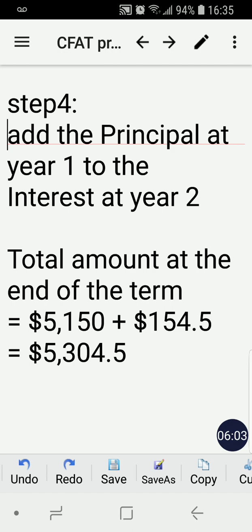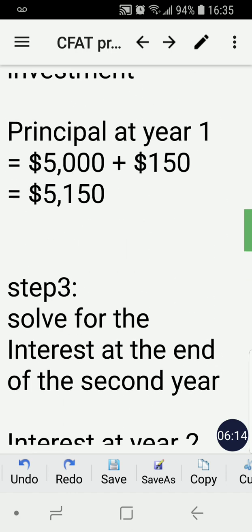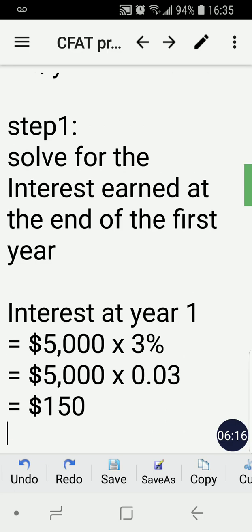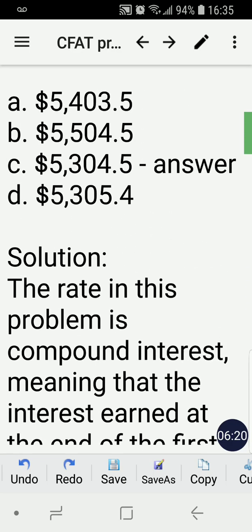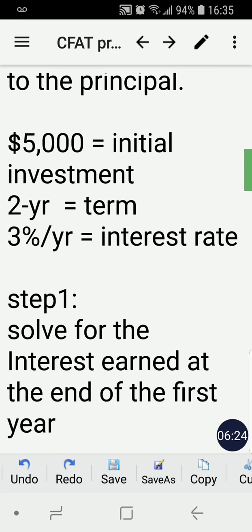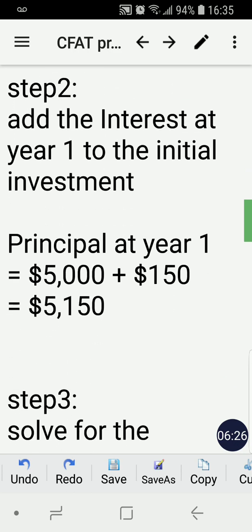So that's the total amount at the end of the term, at the end of 2 years. So the answer is 5,304.5, which is letter C right there.